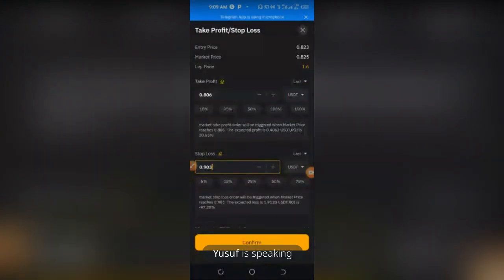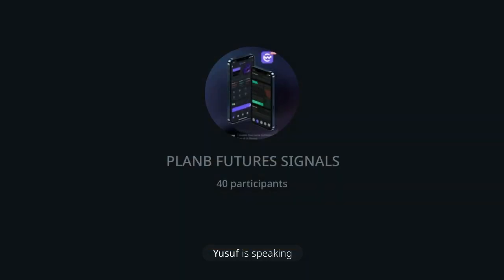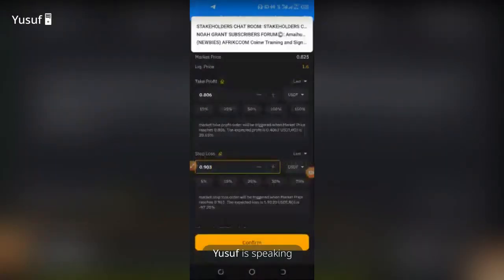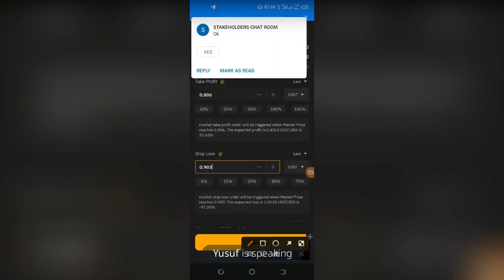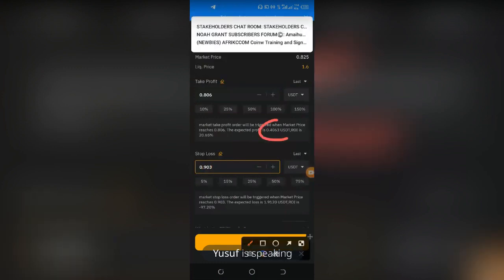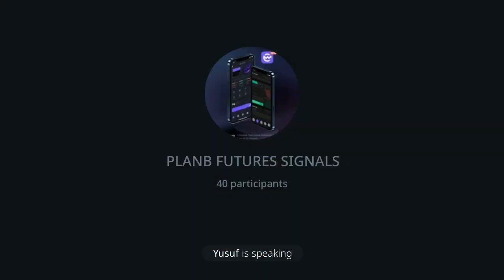This now is saying that market take profit order will be triggered when market price reaches 0.806. The expected profit is 0.4063. They are showing me that this is the profit I'm going to make from this trade. 0.40 cents will be my profit.